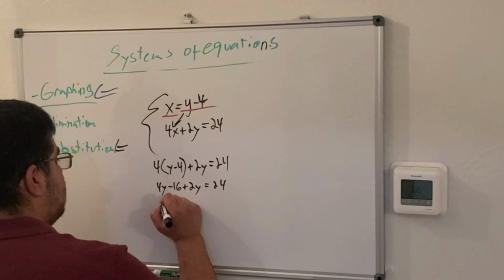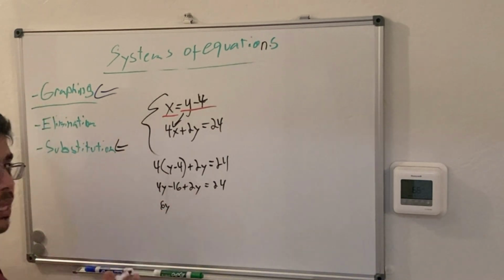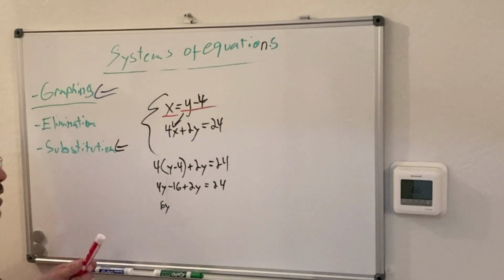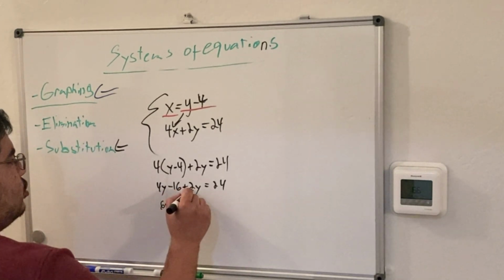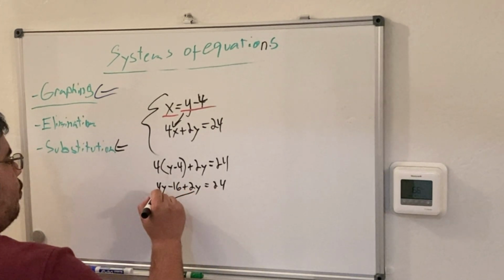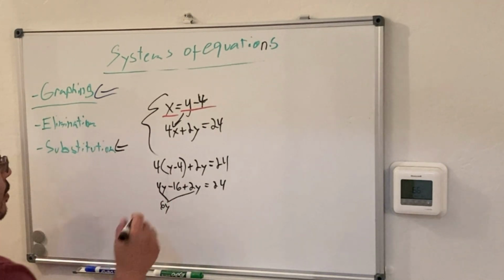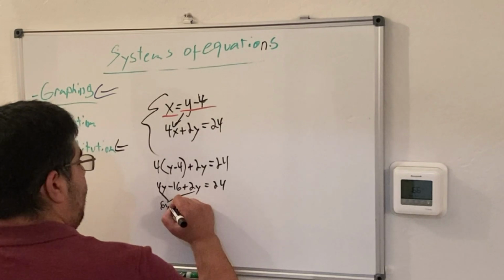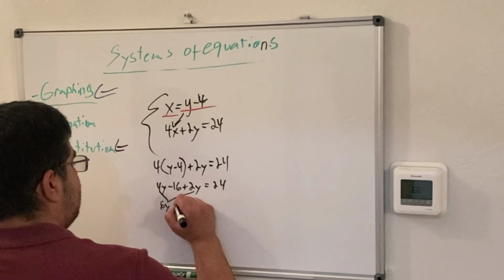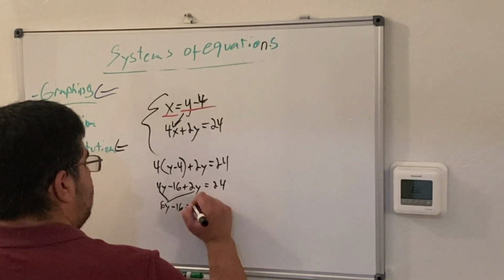We have 6y. I'm skipping some steps here because I have limited board space, but essentially I'm combining the 2y with the 4y to make 6y, combining like terms. And then we have minus 16 equals 24.